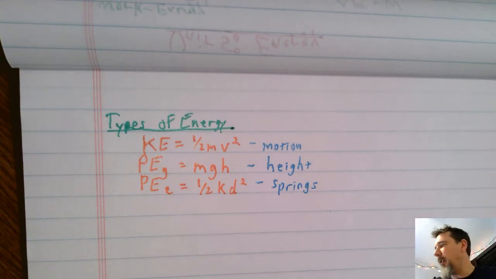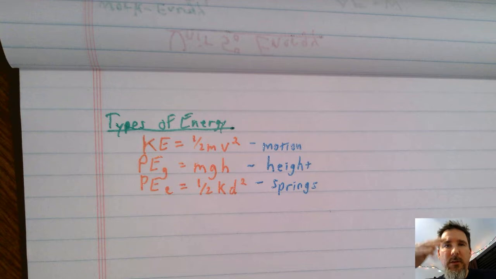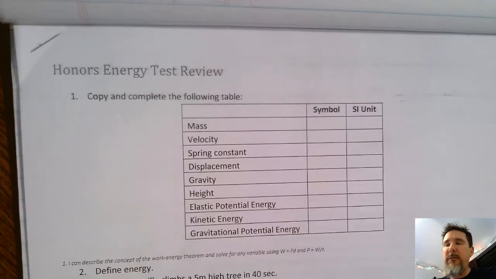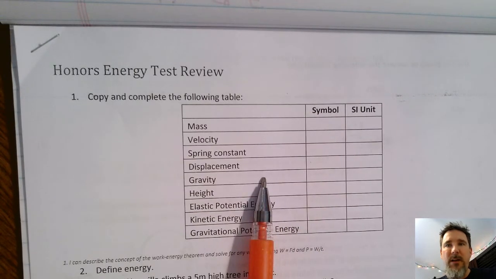So now let's take a look at a question that we've got. Gravitational potential energy. So one thing you should do, make sure you got, at the very beginning of the energy review is this data table. Make sure you got all that down pat.